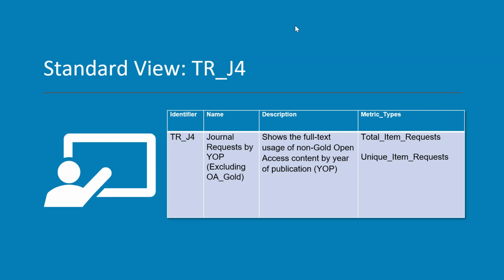Now this can be a really essential report if you subscribe to back files, sometimes called archival files, from a publisher, and you will be paying for that back file or archival content under a separate license, and you will want to be able to separate out the use of the archival backfile content from the current content that you pay for under your ongoing subscription.